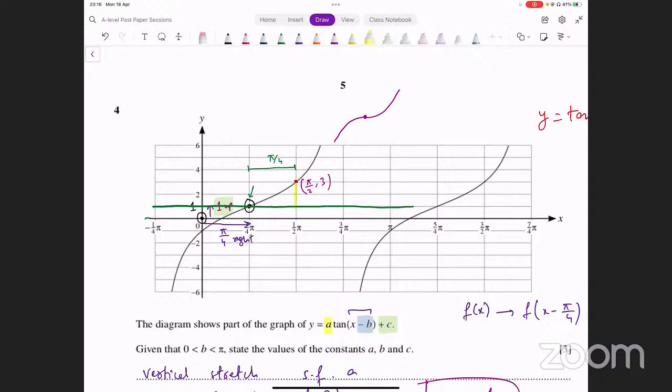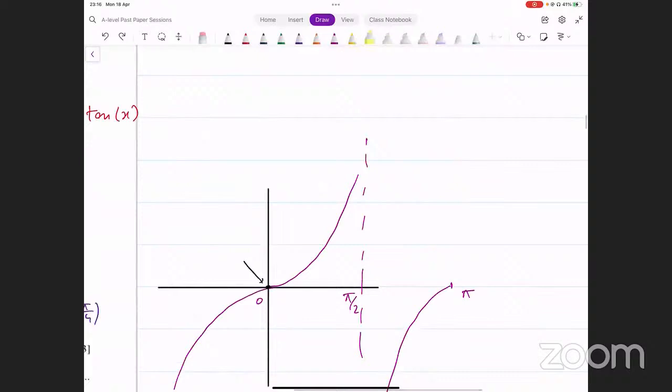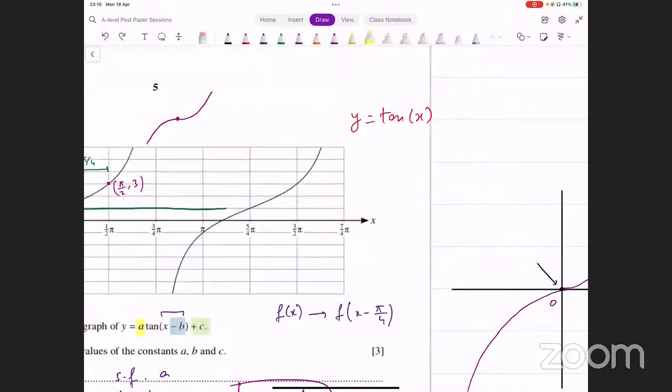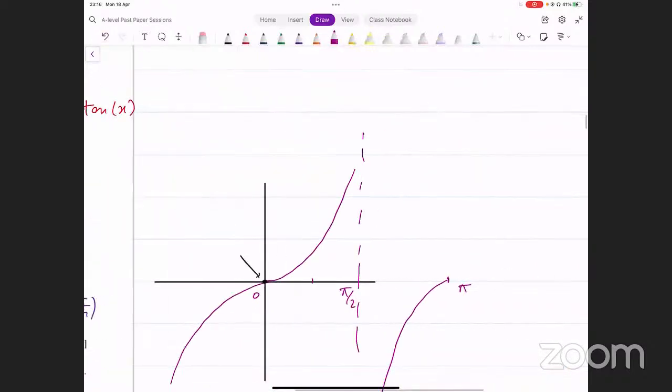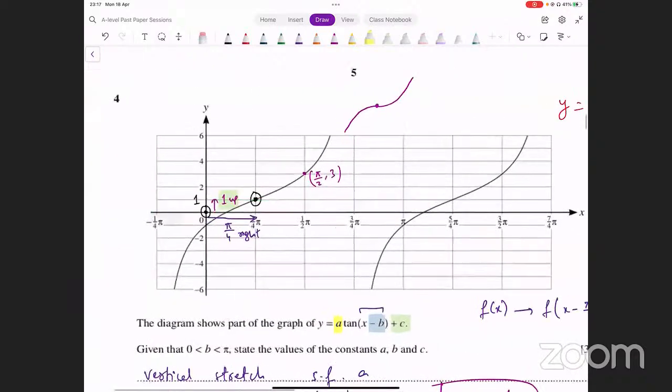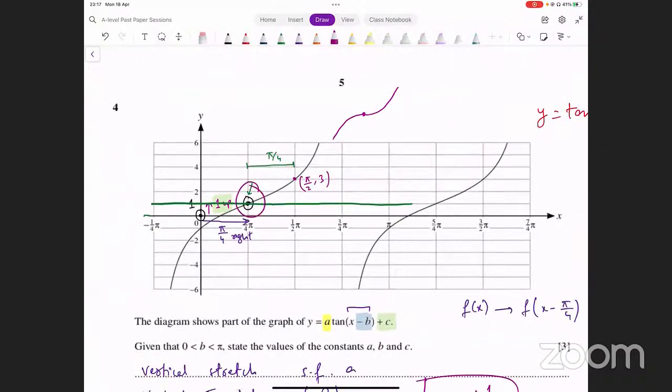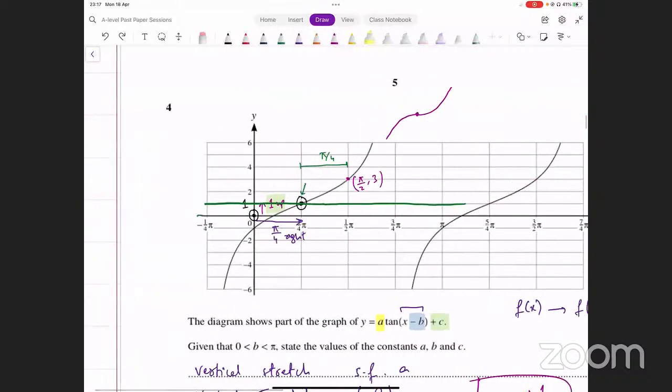It's going 2 units up. पहले कितना ओरिजिनल ग्राफ कितना ऊपर जाता था? pi/4 के इंटरवल में हमें पता है pi/4 के ऊपर क्या वैल्यू होती थी फंक्शन की? pi/4 के ऊपर tan की वैल्यू आपके पास 1 होती है। तो पहले pi/4 के इंटरवल में आपका ग्राफ 1 यूनिट ऊपर मूव करता था, राइट? अब क्या हो रहा है? स्टार्टिंग फ्रॉम दिस पॉइंट pi/4 के इंटरवल में आपका ग्राफ अब 2 यूनिट्स ऊपर मूव कर रहा है, राइट?